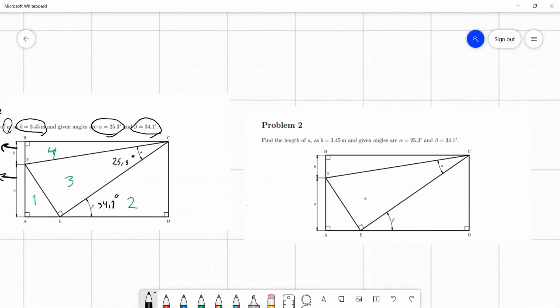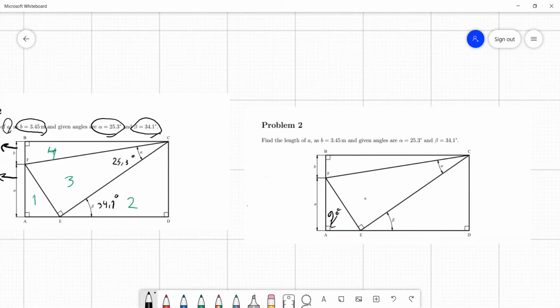Okay, so let's find out a way on how to do this. Let's basically come up with a plan on how to solve this. Okay, so in order to find A, we would need to focus on triangle number one over here, but we don't know anything about triangle number one besides the fact that this angle over here is 90 degrees.